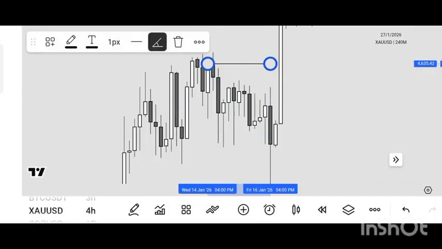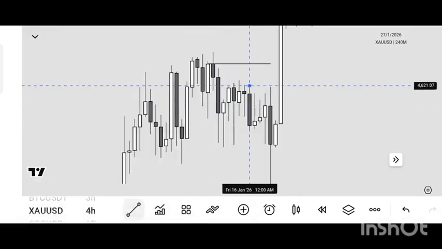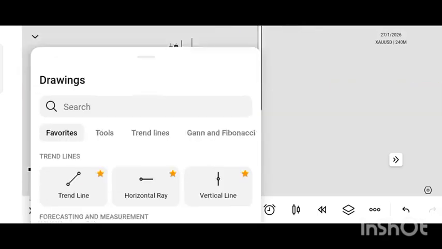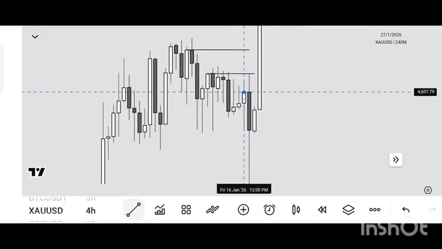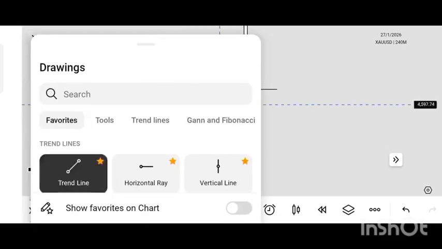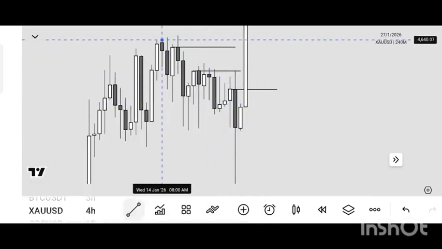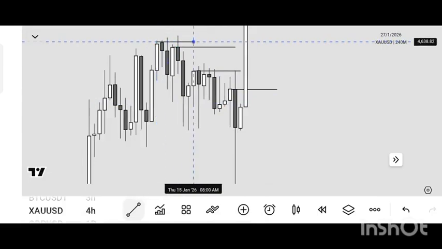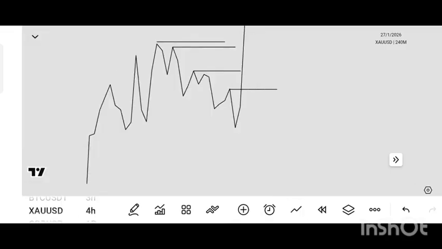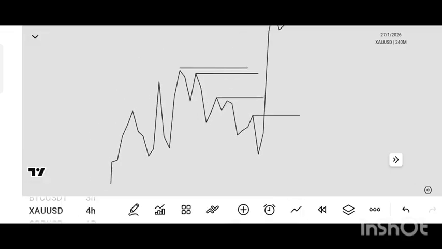This is an A-shaped key level, this is an A-shaped key level, this is an A-shaped key level also. This high is an A-shaped key level also. If you go to the line chart, that's where you will see it. Look at those highs, they look like A. All of them look like A. So that's what an A-shaped key level is.